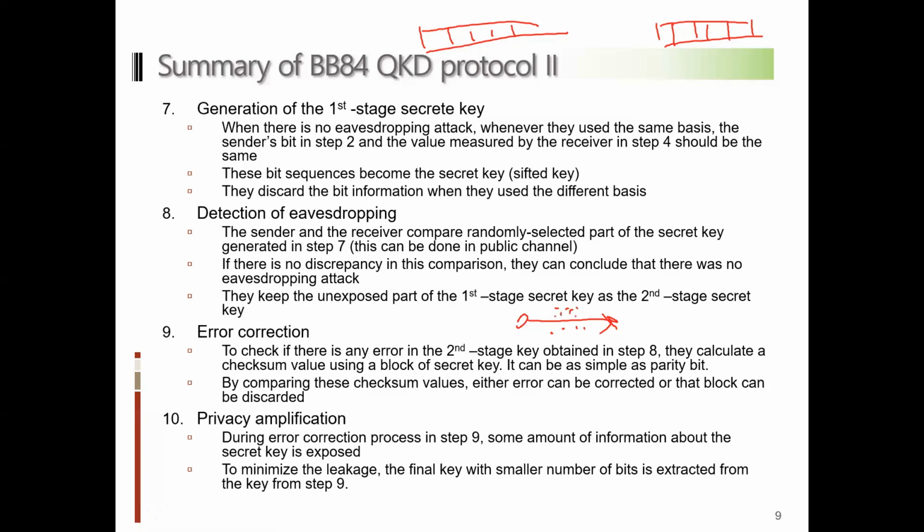So there might be some wind, and whenever there is some pressure change in the air, the refractive index of the air might change over time. Any such change during the transmission might create some change of the polarization.